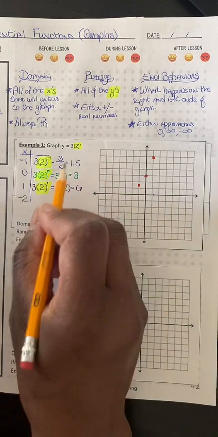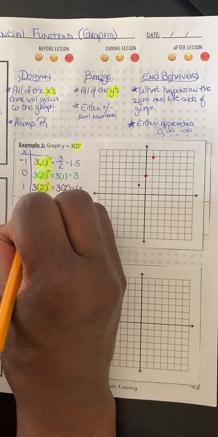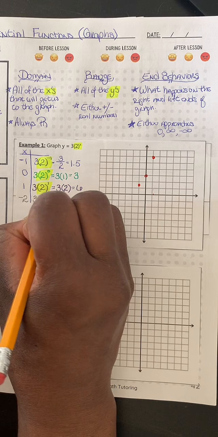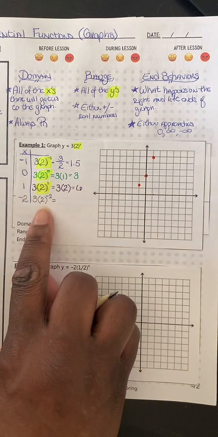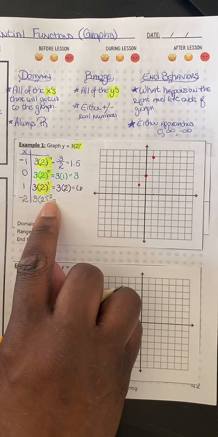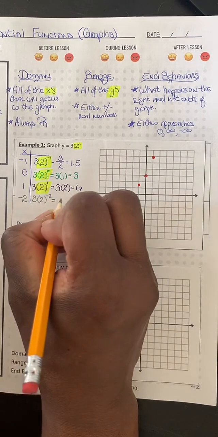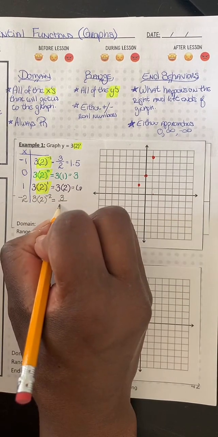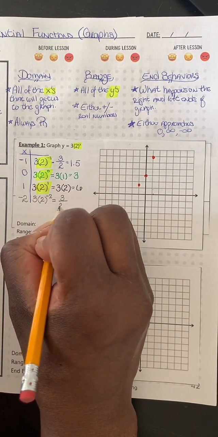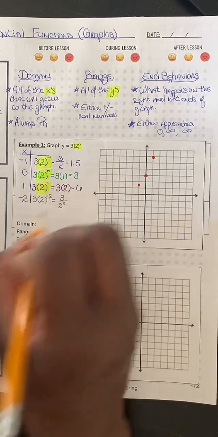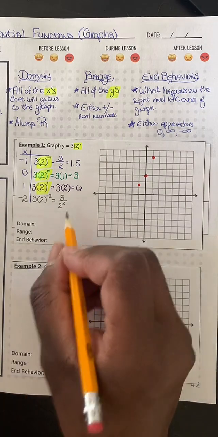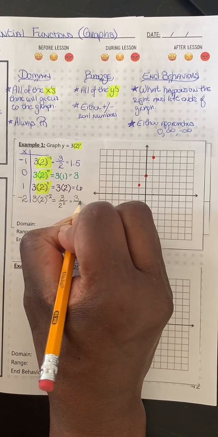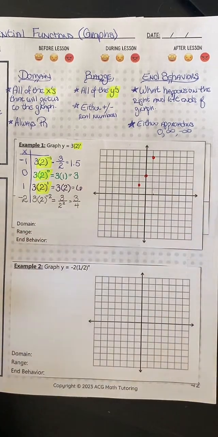All right, so I'm plugging in. I have 3 times 2 to the -2. That means the 2 is being raised by that -2. So my 3 is going to stay in the numerator, and 2 to the second power is going to drop into the denominator. That will give me 3/4.